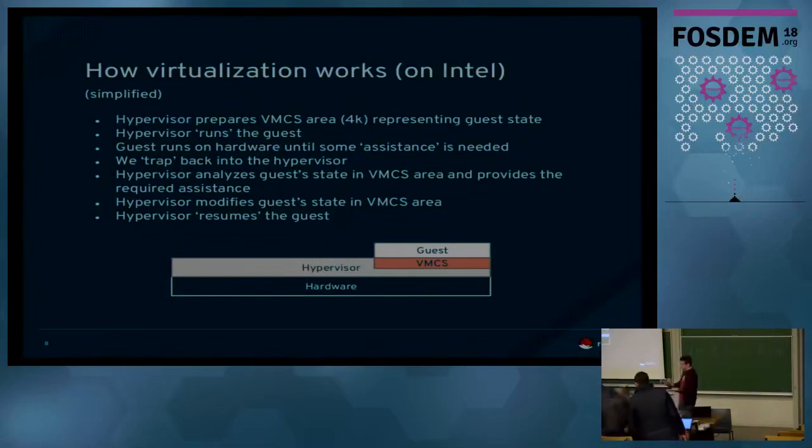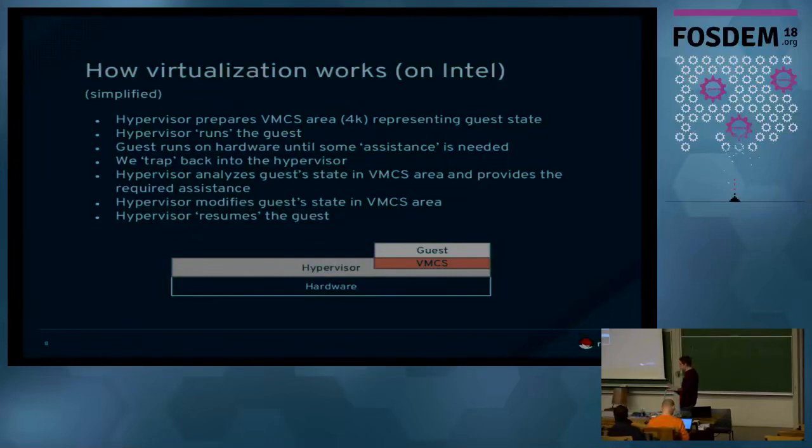It's a special area in memory which you cannot edit directly. You need to use special CPU instructions to access it. And you describe your guest: where is the starting point, and all these x86 features you have. And when you create this memory, it describes your guest, you basically run it.